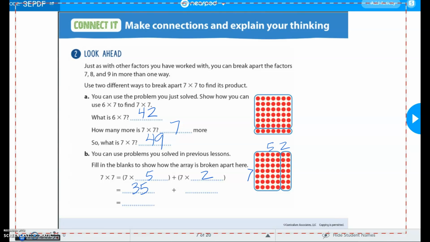And then if we add 7 2 times, 7 plus 7 is 14. So all together, that would be 49. So whether you do 6 times 7 and then add 7 more, or whether you multiply each of them and then add them together, they're both 49. Okay, hit pause while you write that.